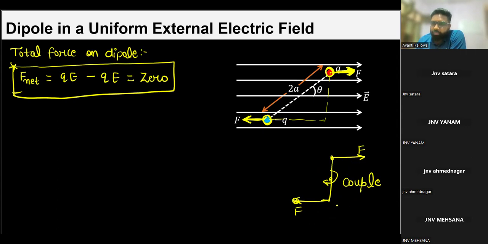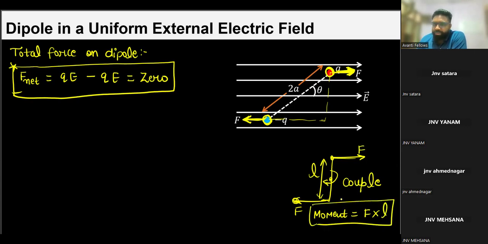You can also say it is the moment of the couple. Here the moment is given by F into the distance between them, let's say it is L. And this distance should be perpendicular to both the forces. So the moment of this couple will be given by F into L, which is nothing but the torque.